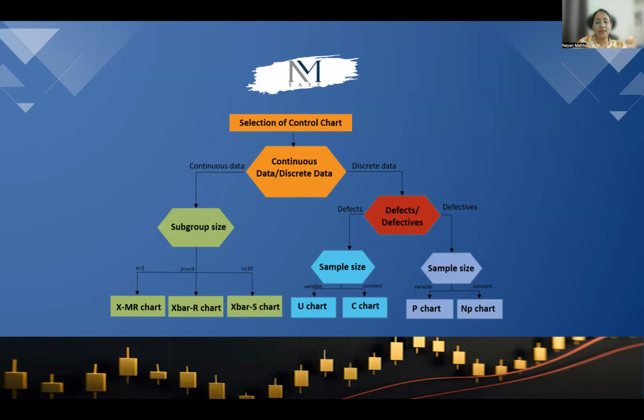Now, looking at this table, basically the flow chart, the main division is at the very top, which is the selection of the control chart. Now, this gets split into two parts, which is continuous data and discrete data, and we already know what that is.